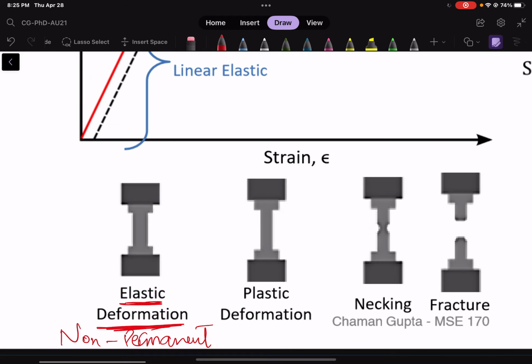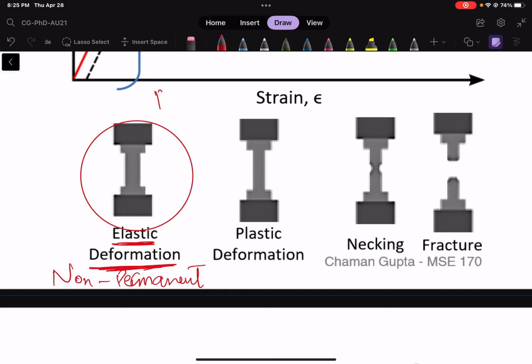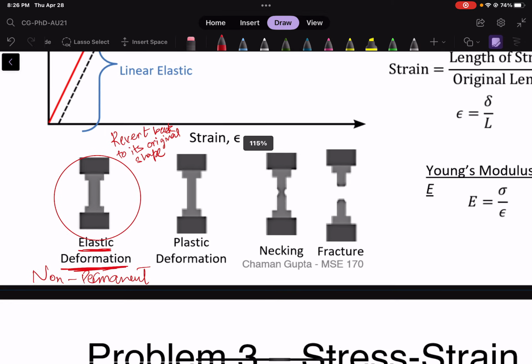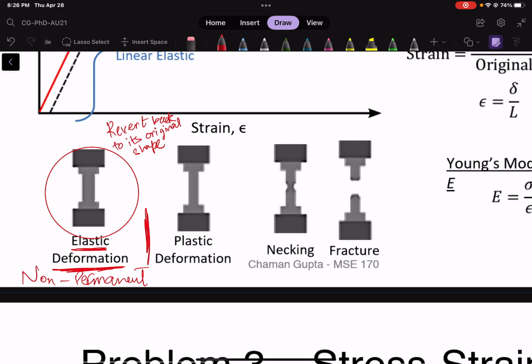This material can revert back to its original shape or original size. But at a certain point, this material will cross this boundary and start doing plastic deformation. And once plastic deformation starts, it's sort of no turning back. It's a do or die situation. The material can just keep going forward, but there is no turning back.